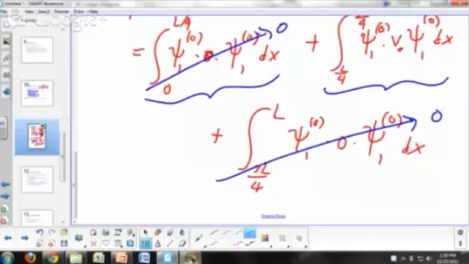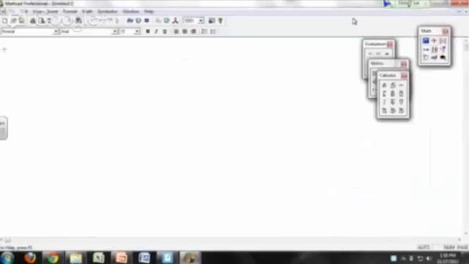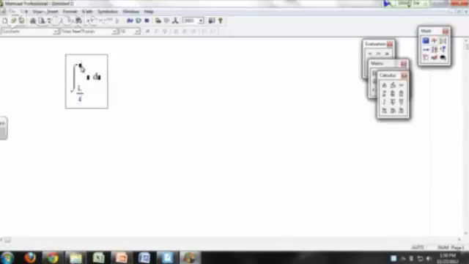So I need to have an integral. I need to do an integral from L/4 to 3 times L/4, integration over x. So what goes in that expression for your integrand? Psi naught. What's psi naught for the ground state?